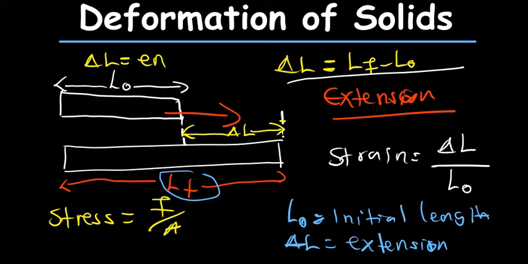So if they ask you about elongation and change in L, we are still talking about the same thing. Elongation, extension, and the change in length, basically, we're talking about the same things. Is that okay?